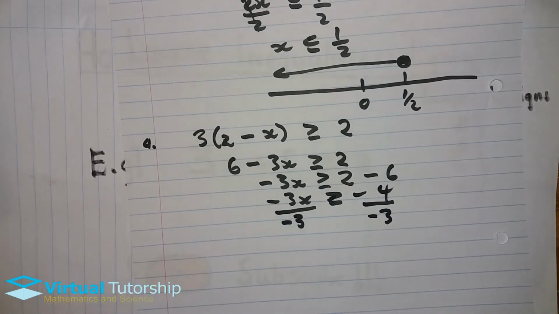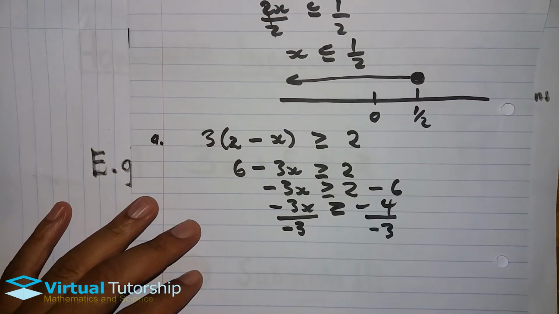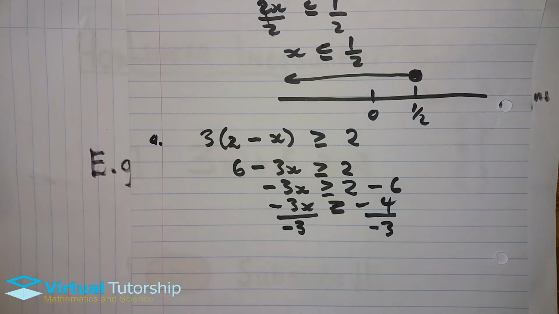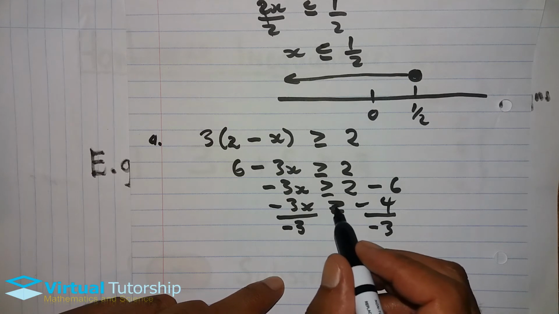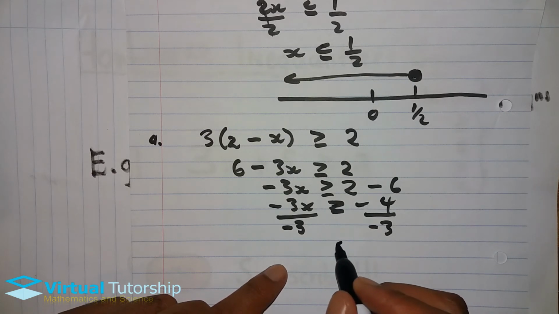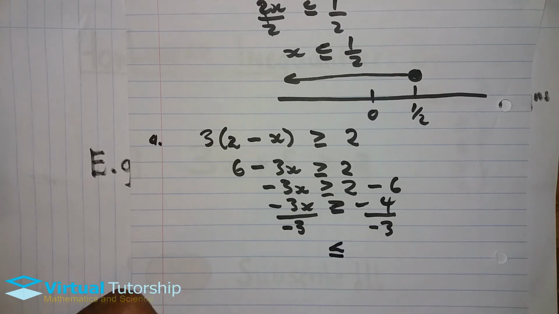Okay, so now something interesting is going to happen here. When you divide with a negative sign in an inequality equation, in any inequality equation, the sign that was greater or equal to will become less than or equal to.